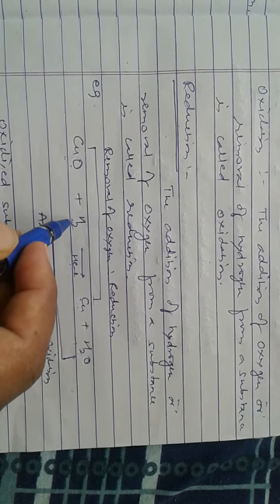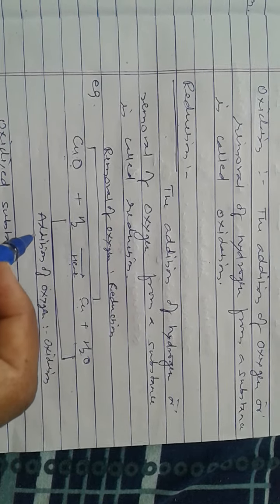That means copper oxide is reduced. And here H2 is converted into H2O. H2 receives oxygen and is converted into H2O. So here H2 accepts oxygen, so addition of oxygen, this is called oxidation.